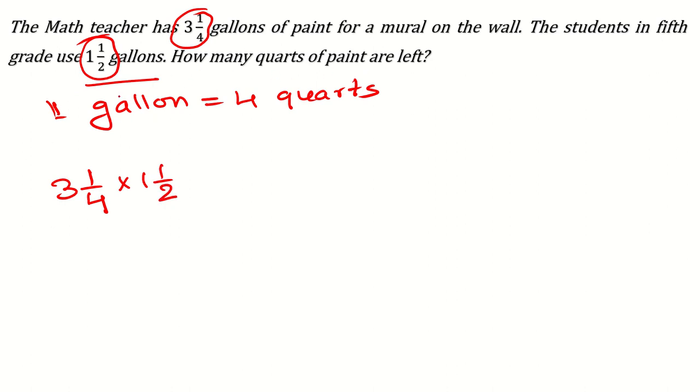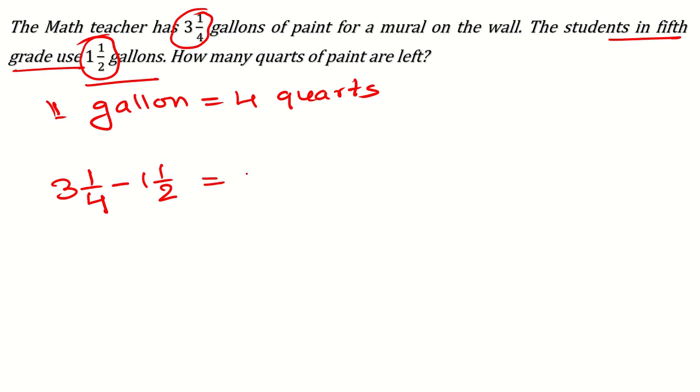How many quarts of the paint? No, there is no "of" written. I am sorry for that, because I thought it was like the previous questions. So the students are using 1.5 gallons. This much is used by the students. So it is minus. Okay.